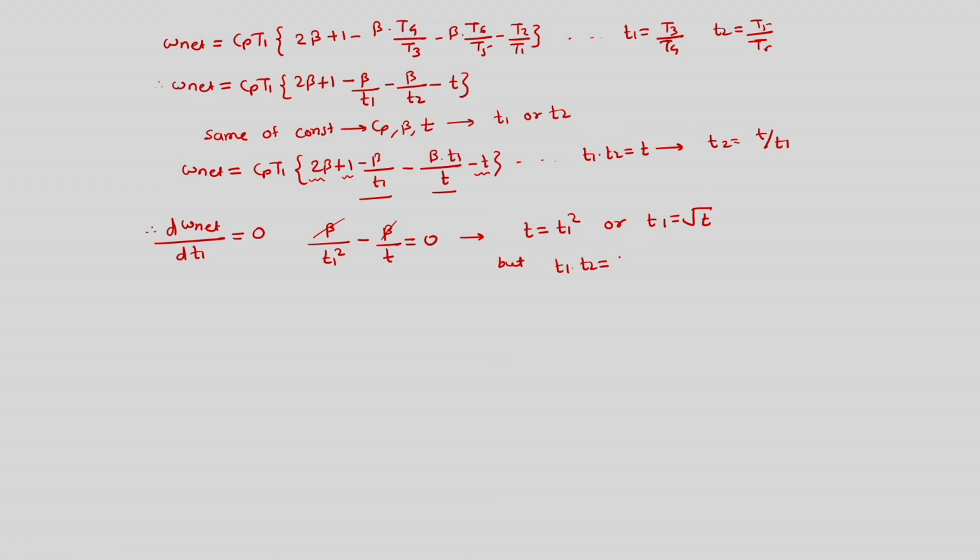but we know that T1 into T2 is equal to T. So here T1 is root T, so root T into T2 is equal to T. So this leads to the fact that T2 is equal to square root of T. So it leads to T1 is equal to T2 is equal to square root of T. So what does that practically mean to us?